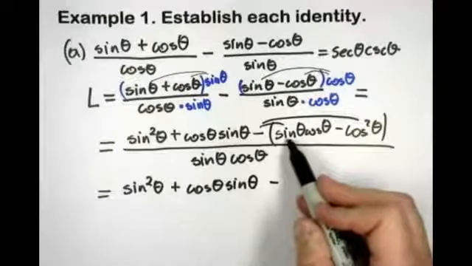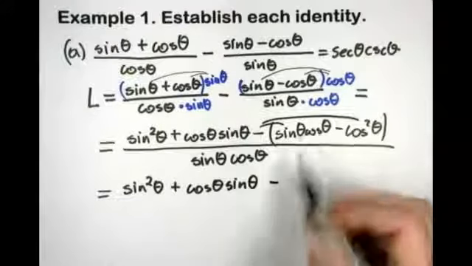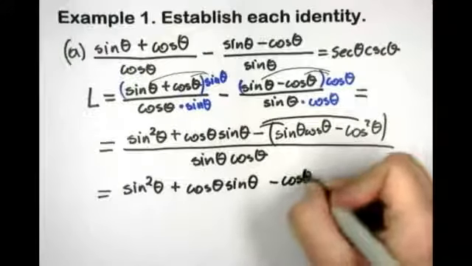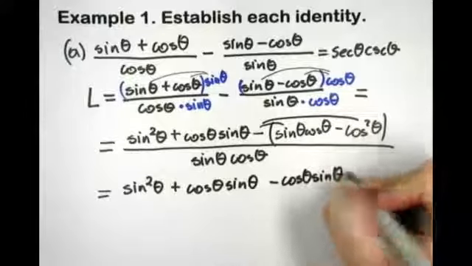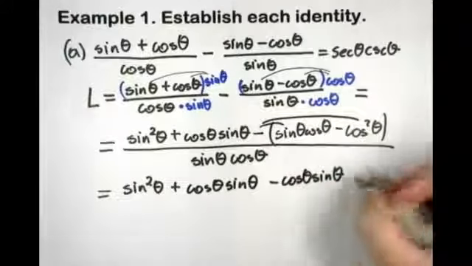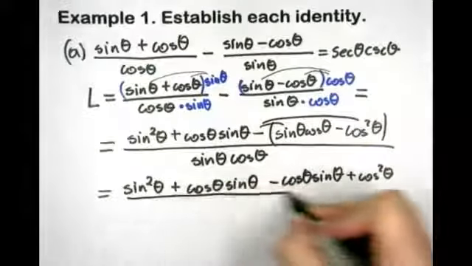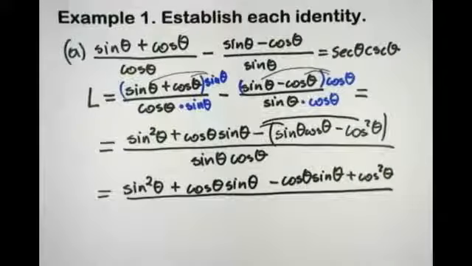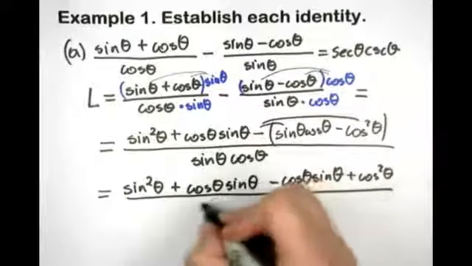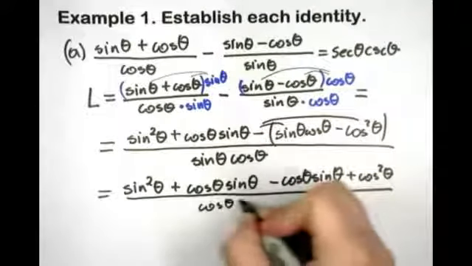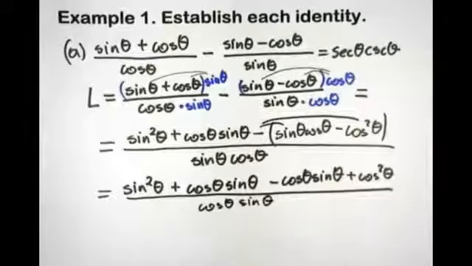It's going to be not sine times cos, it's going to be cos times sine. Cos theta times sine theta. And then minus, and minus gives me plus cos square theta, all over cos theta sine theta, switching this order. Not needed, but I would like to.